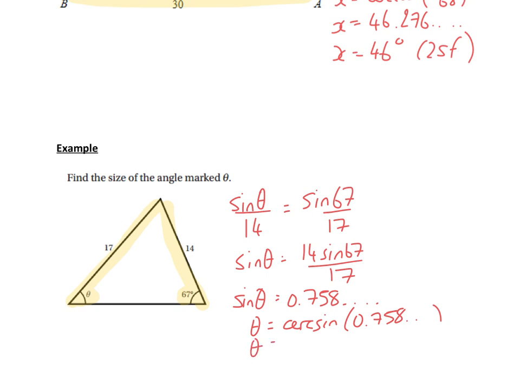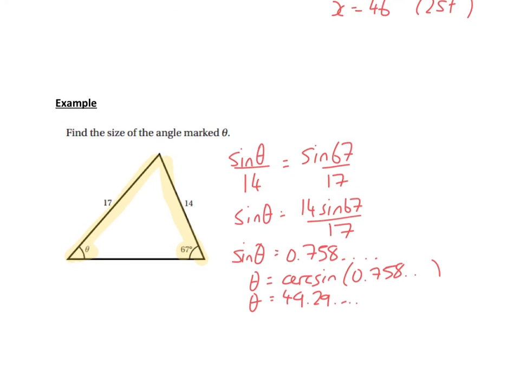To get 49.29 and so on, and again all my numbers in the question are two significant figures, so I'm going to give my answer to two significant figures, and that's it.